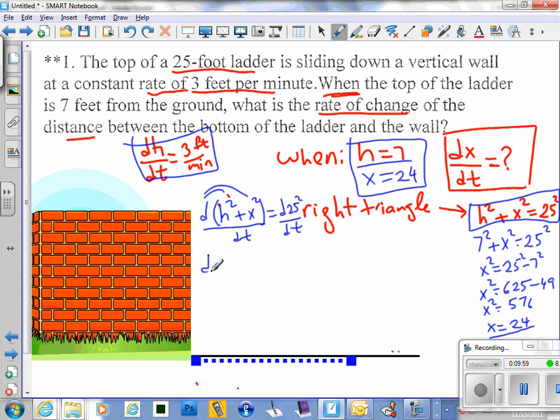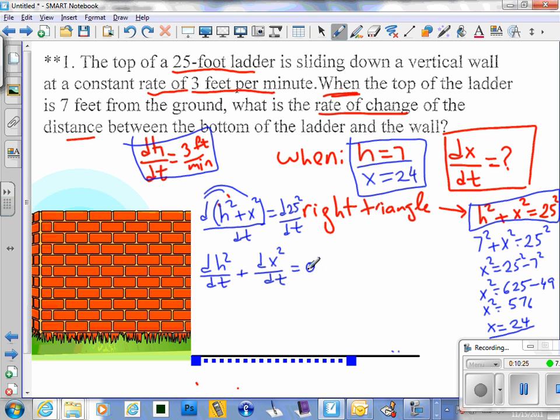Which is going to be d(h squared) over dt plus d(x squared) over dt equals, the derivative of a constant with respect to any variable is going to be 0, because a constant does not change.